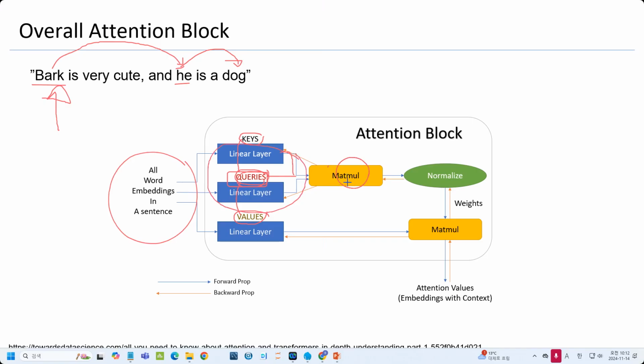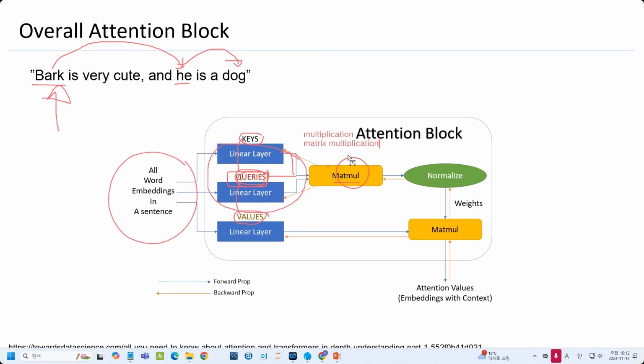So here is the matrix multiplication. As I mentioned, we just used simple multiplication, but if it is in the form of a matrix, then we can do matrix multiplication. That's why we call it mat mul here.